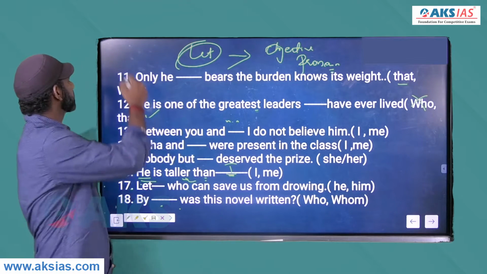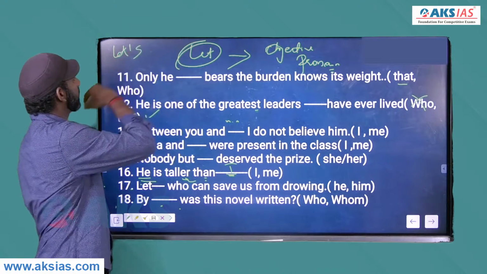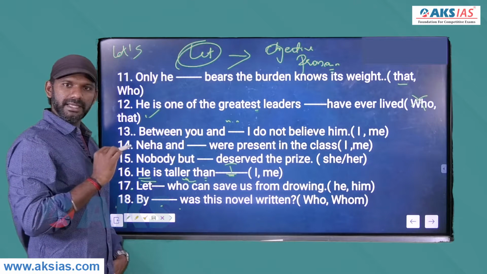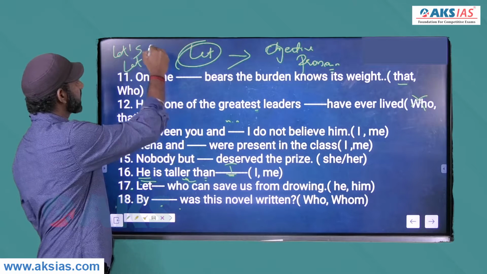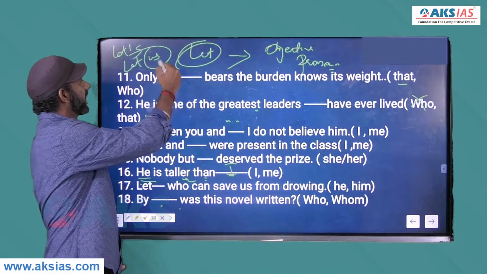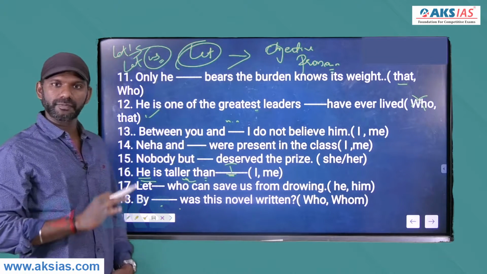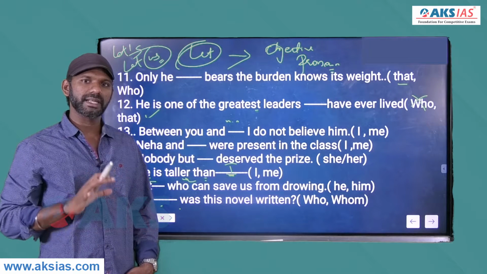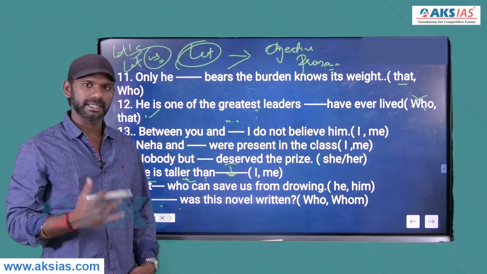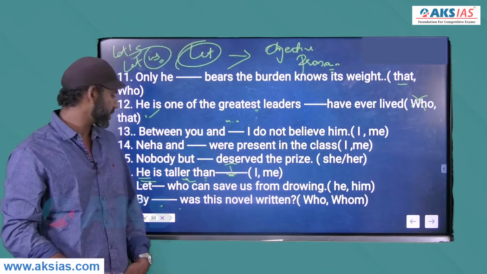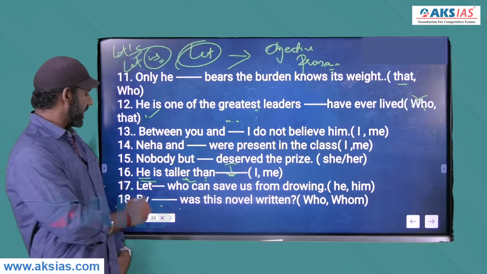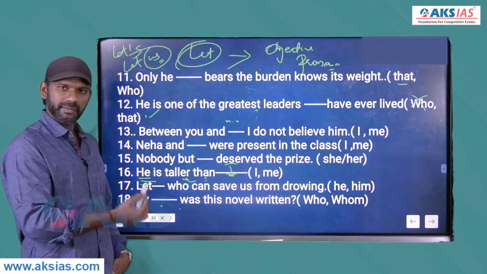The best example is let's. Let's is a short form of let us, right? And us is an objective pronoun. So a pronoun that comes after let must be in the objective form. Let him, let her, let them, let us, let me, etc. So in this case, let dash who can save us from drowning.